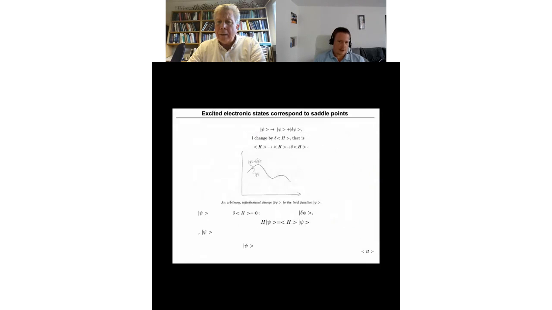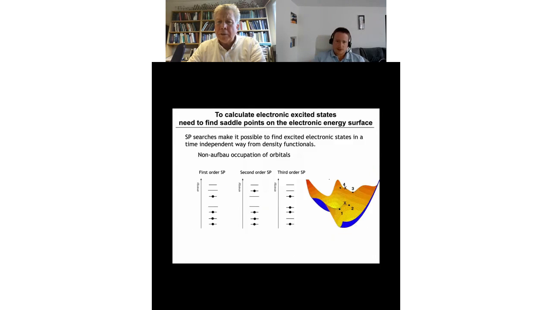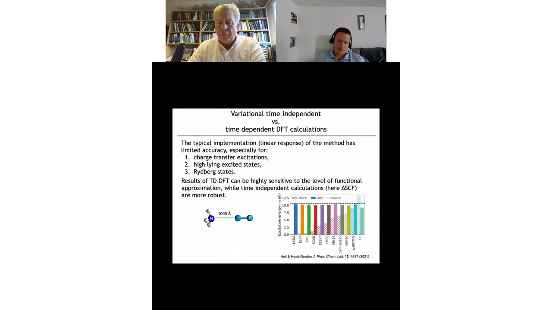Right, and it becomes very sensitive to, for instance, in linear response time-dependent DFT, the excitation energy is very much a reflection of your HOMO-LUMO gap, or let's say the orbital energies, right? And so LDA gives you horrible orbital energies, right?